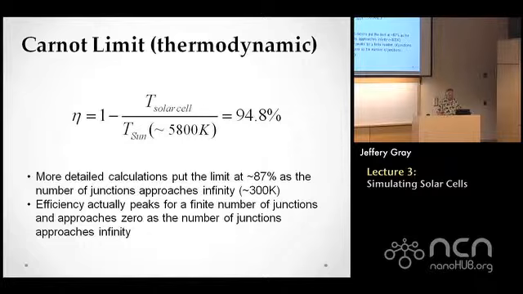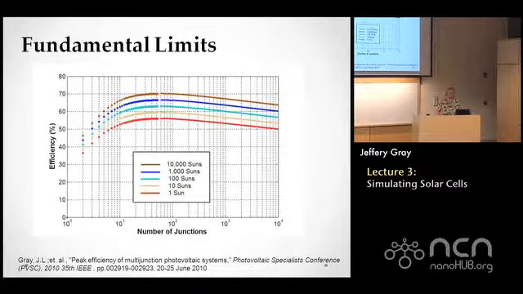And if you do the calculation, again using this simple analytic model, you'll get an efficiency curve that looks something like this. So these different lines are for different solar concentrations. We start at 1 sun and go all the way up to 10,000 suns, which is getting close to the maximum concentration that you could get on Earth, because you can't concentrate the light any more than it's concentrated on the sun.